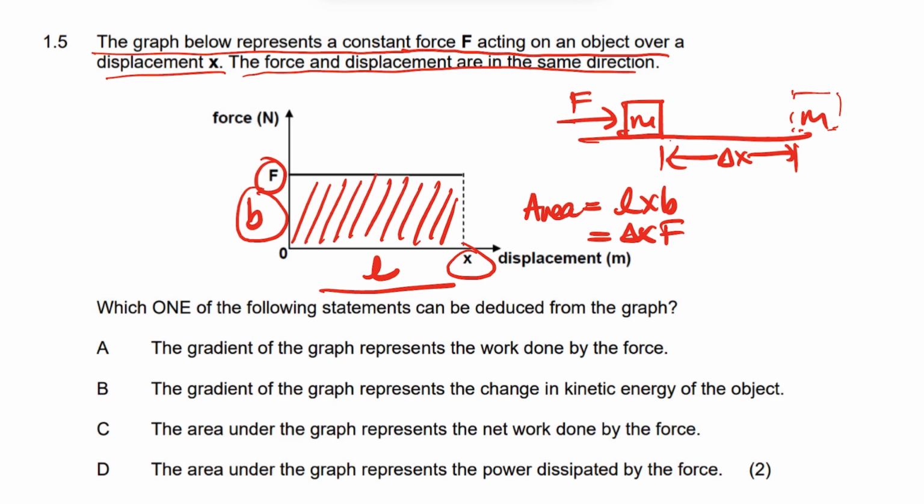We know work is force times displacement times cos theta, and when cos theta is 0, that becomes 1, so it's F change in x.